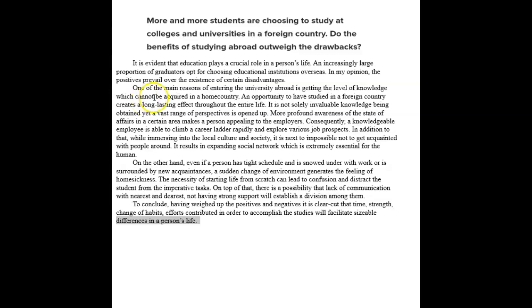You said knowledge which cannot be acquired in your home country. This is an opportunity that creates a long lasting effect throughout one's entire life. That is because it is not solely invaluable knowledge being obtained, but a vast range of perspectives is opened up also. So do you see what happened here?